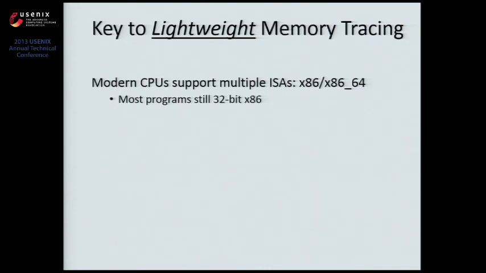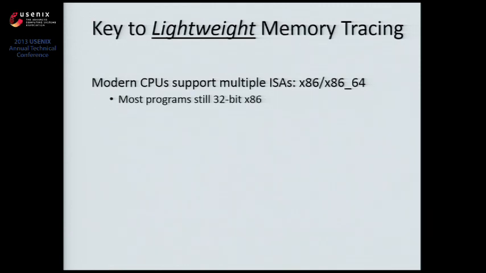Also in the ARM world, the CPUs support multiple different ISAs. For example, modern Intel CPUs support both x86, the 32-bit version, and x64, the 64-bit version, while most programs still run in a 32-bit world.